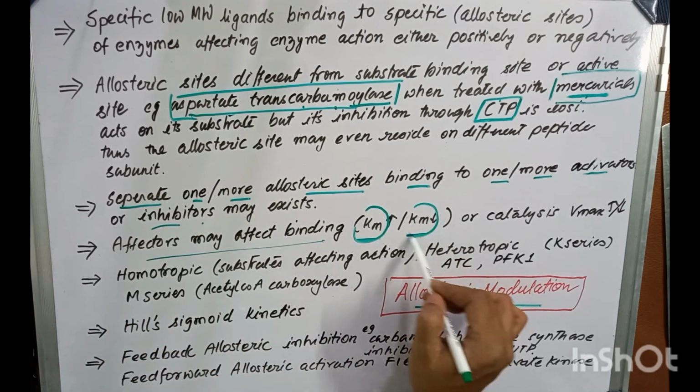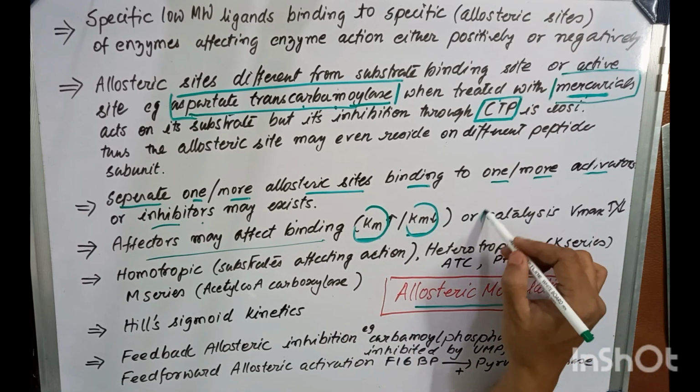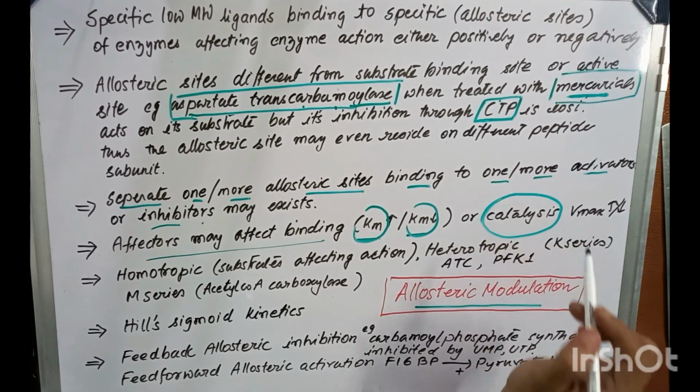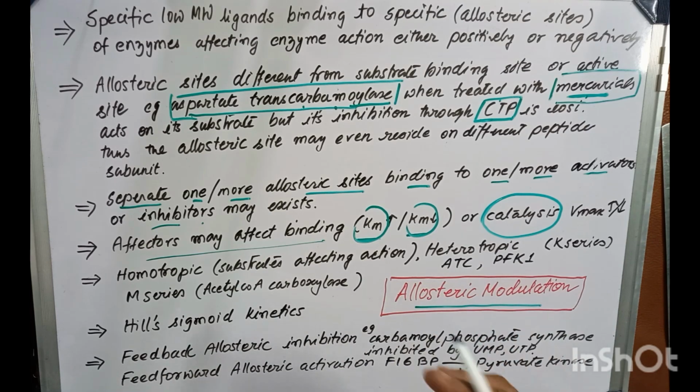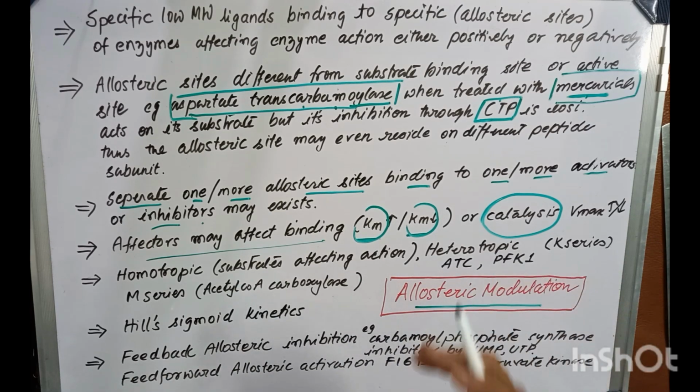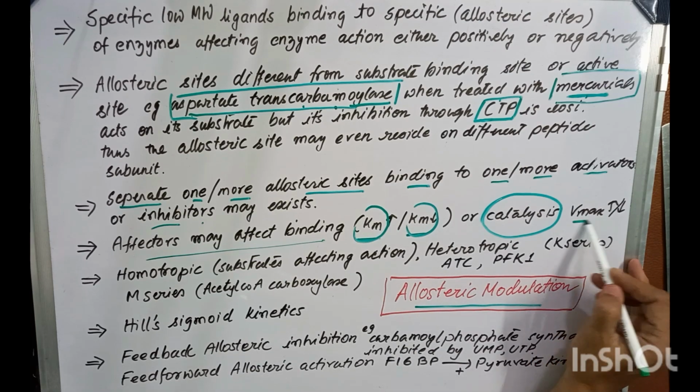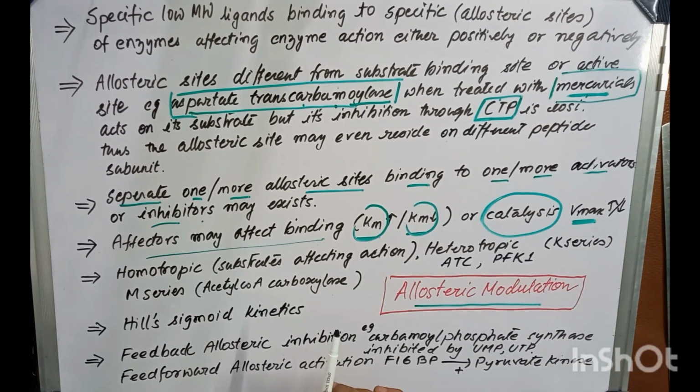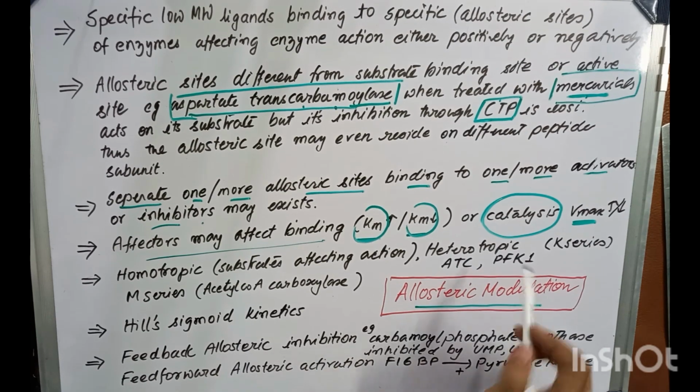But if it affects the catalysis, the way the enzyme acts on the substrate, how fast, if it affects the velocity, it will change the Vmax of the reaction. So effectors may change the Km.